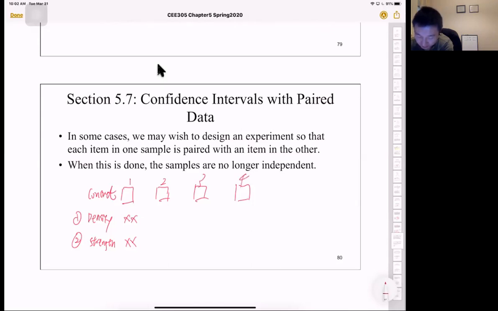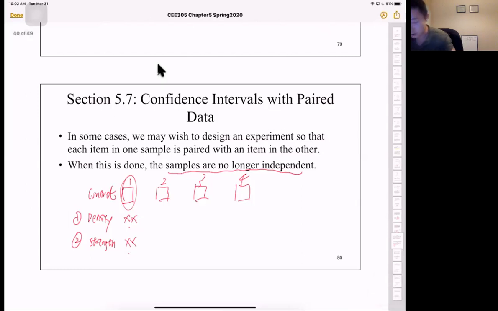Density and strength are called paired data because for every single sample, we measure its density and its strength. So this is an example of paired data. And when this is done, the samples are no longer independent, because the values of density and strength are associated with a certain sample.